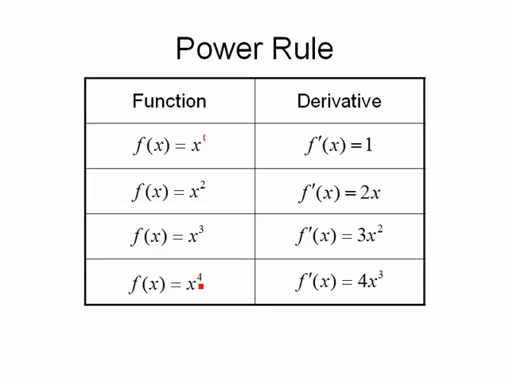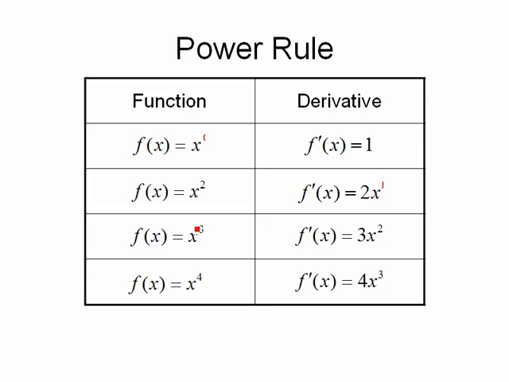So when we take the derivative, the power must come down in front. X squared becomes a 2 in front. The cube becomes the 3 in front. And the 4 becomes the 4 in front. Furthermore, what you'll notice is if the power was a 2, in the derivative it was a 1.